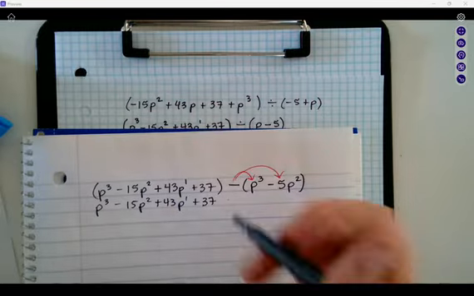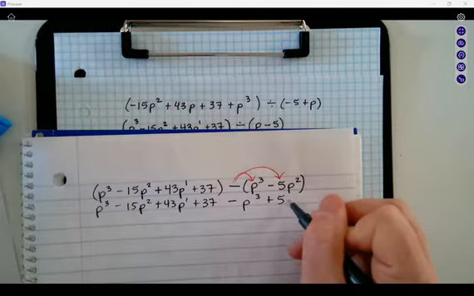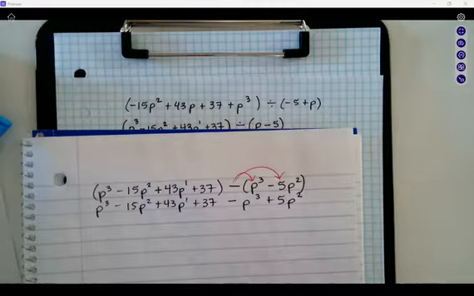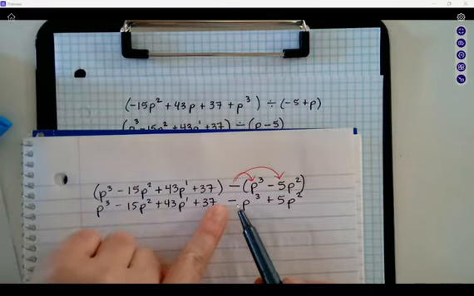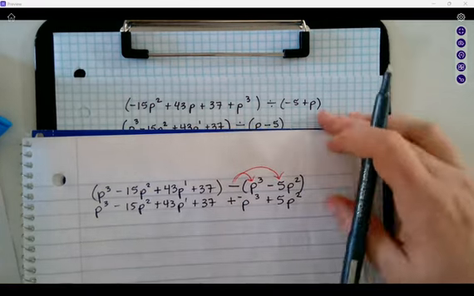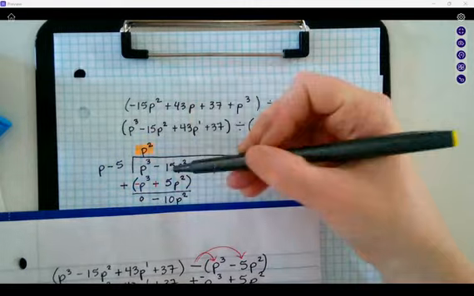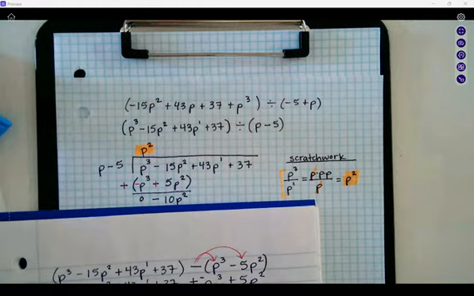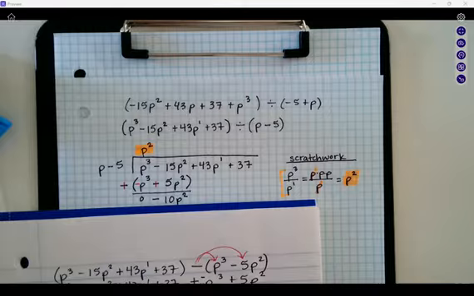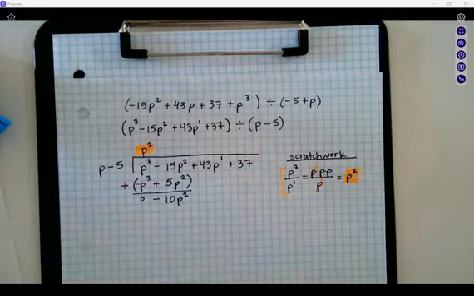So we end up with minus p cubed plus 5p squared. And remember, the curriculum really emphasizes writing that minus as addition of a negative. Well, this result here is exactly what we have, except we're working vertically instead of horizontally. If you would rather work horizontally, you can. It's just your work's probably going to get messier. You would need to go off to the side, and I'm not going to do that, but I just wanted to let you see that.